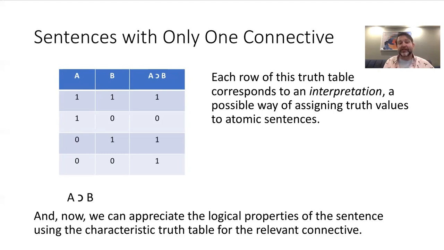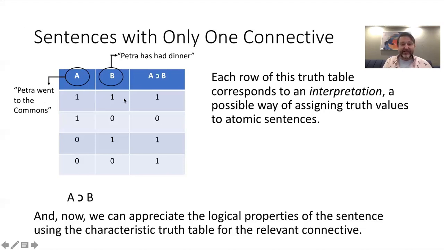So each row again in this truth table corresponds to an interpretation. This is very important to note. Each row here stands for an interpretation, and that is just a possible way of assigning truth values to atomic sentences. So A is Petra went to the Commons, and B is Petra has had dinner. It's possible for each of these atomic sentences to be either true or false.